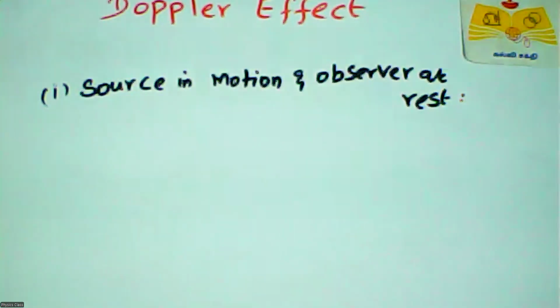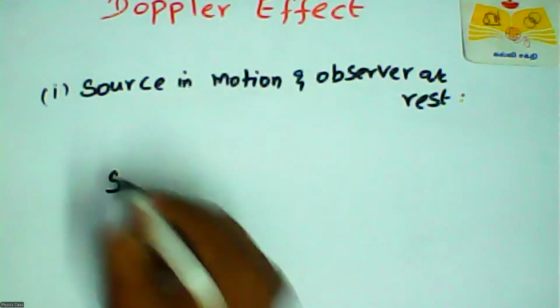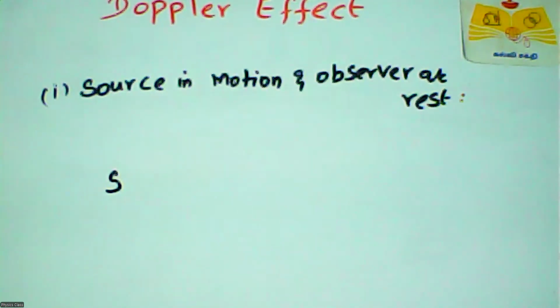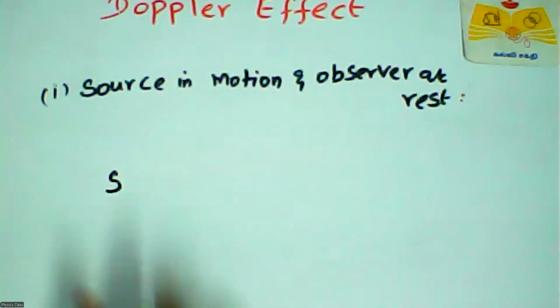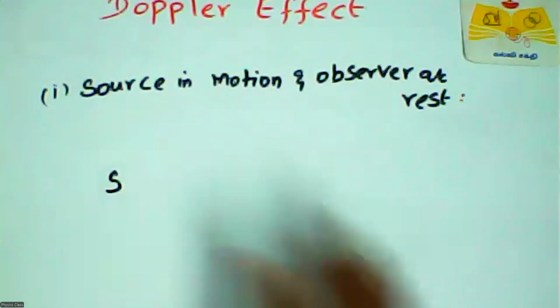First of all, consider the source. Source means a sound producing device. Consider a sound source which is moving with constant velocity.